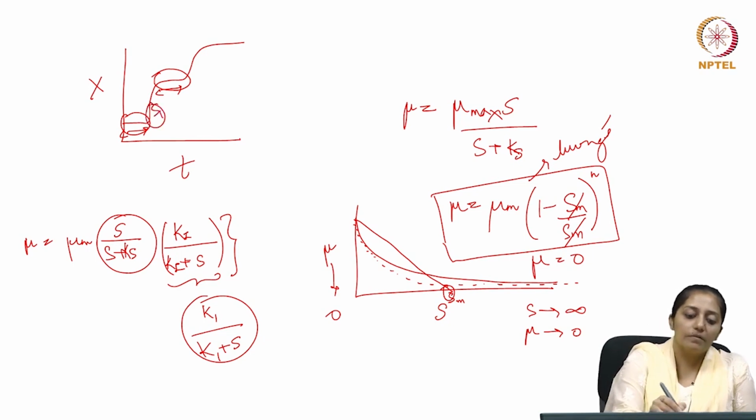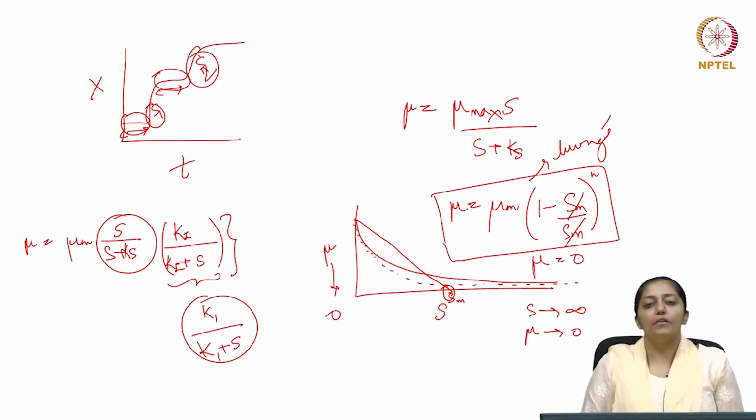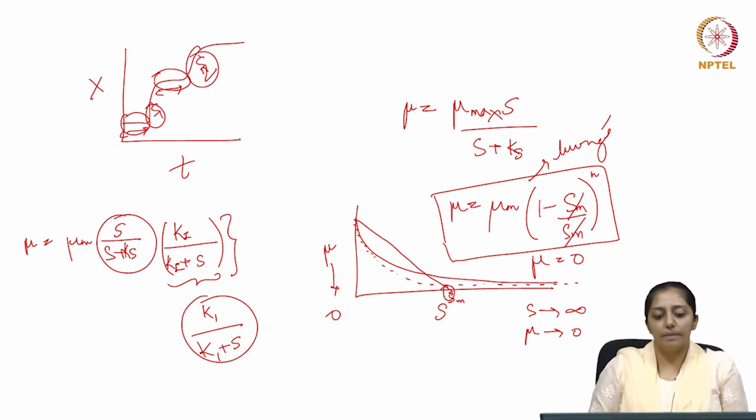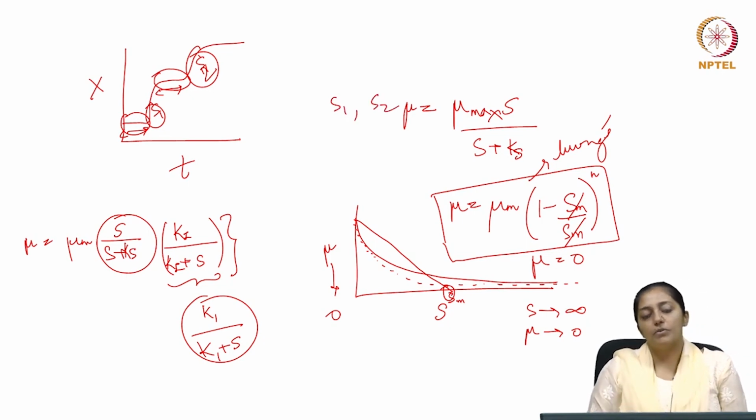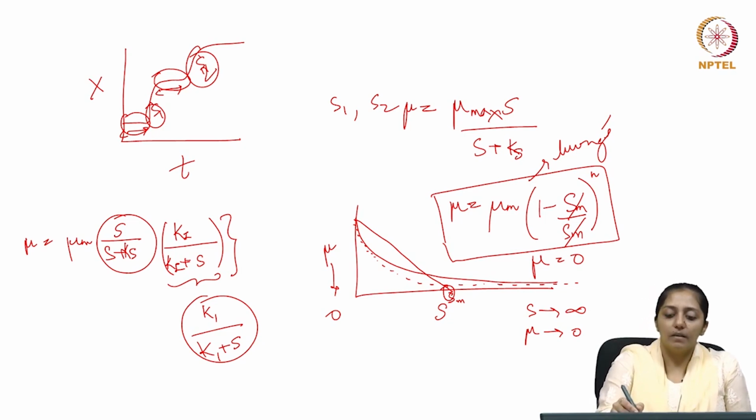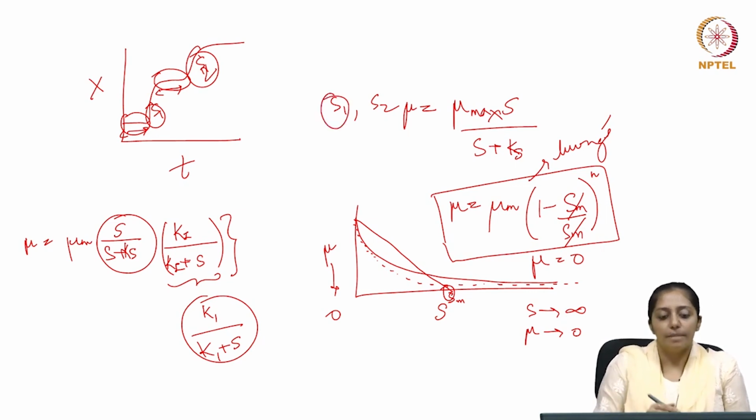Yes, if there is more than one kind of substrate present in the medium. Suppose there are two different kinds of carbon sources present in the medium. The culture generally prefers one carbon source over the other because it economizes its resources. So, it will continue to utilize S1 as long as S1 is present.